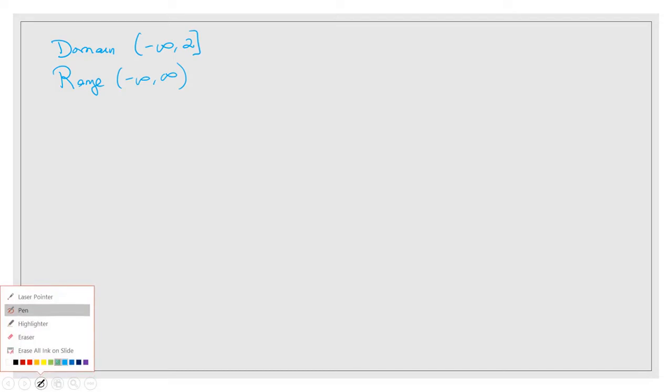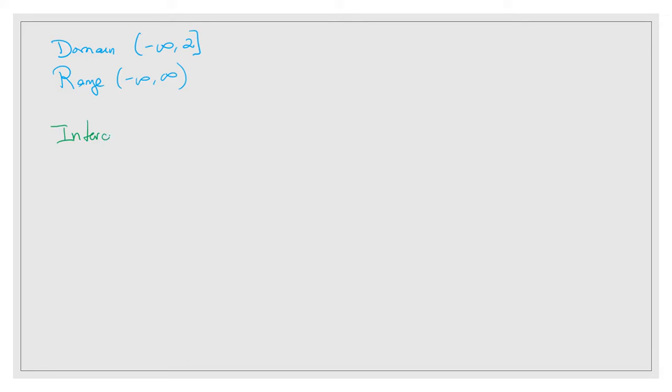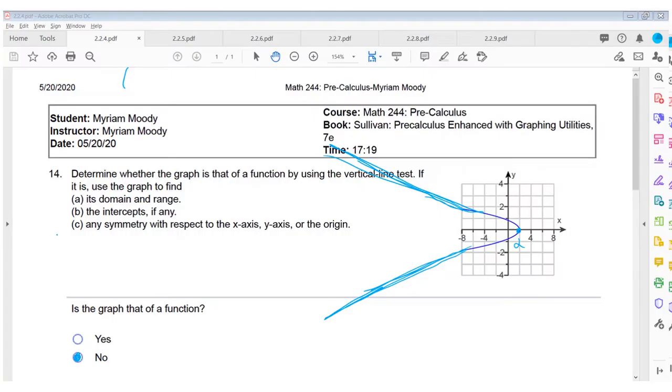I agree. Let's look. Intercepts, do we have any? So we are going to look for any x-intercepts and any y-intercepts. So, do you see any x-intercepts? Yep, I do too, right here at that 2. And how about y-intercepts? Well, they look like they're crossing here.